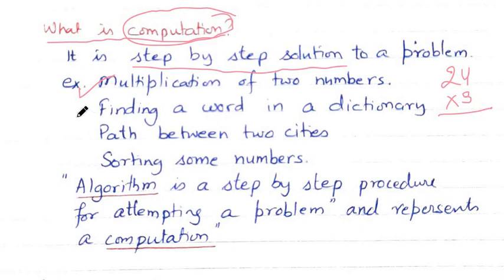Another possible example is finding a word in a dictionary. How do we find a word in a dictionary? We look at some random page and check whether the word we are trying to find comes later than that random word, or whether it should come prior to it. If it is going to be prior, we look into the left part of the dictionary, or else we look into the right part.